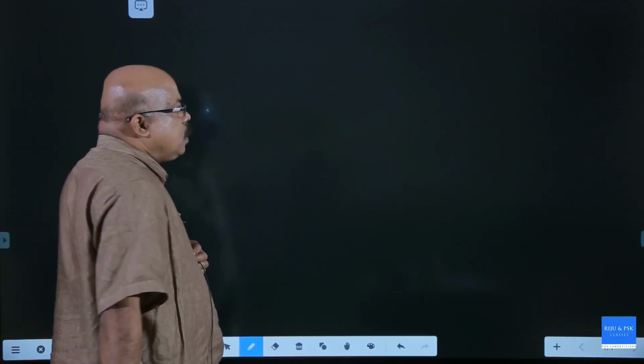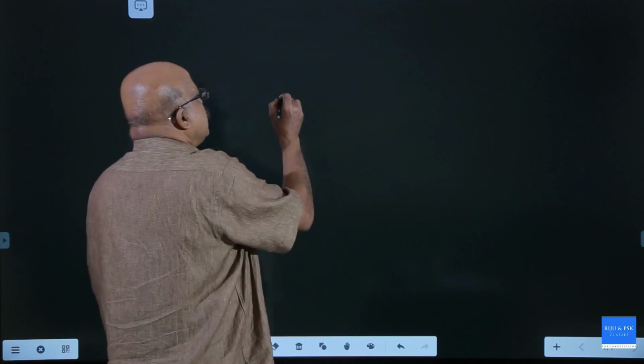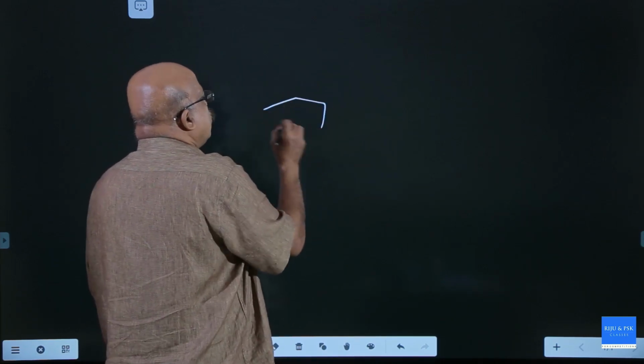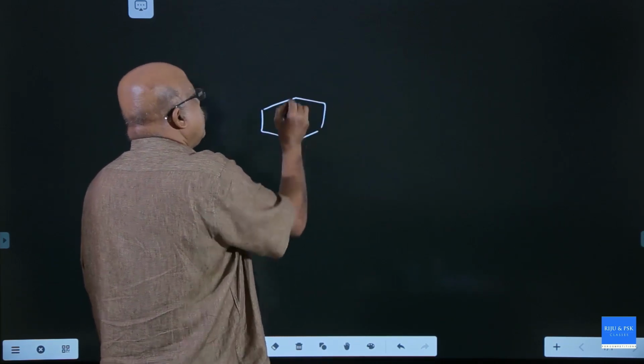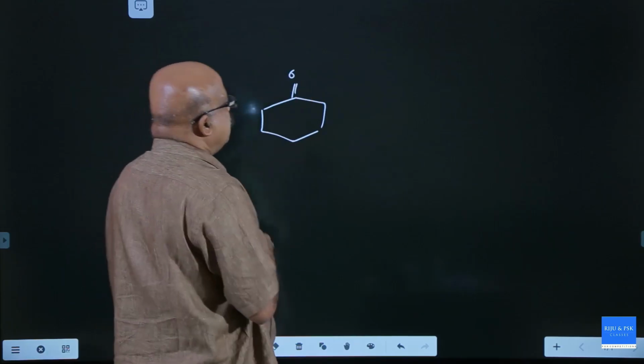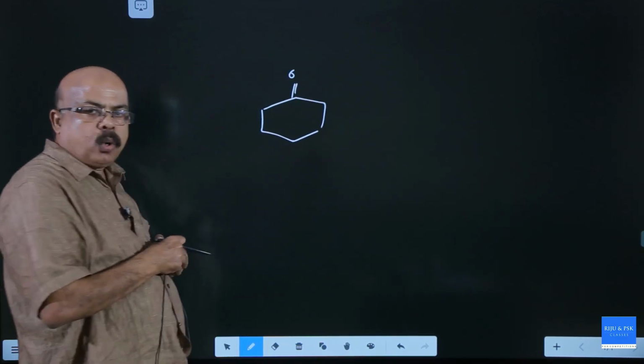Next, if the CO group is connected to a ring, and this is your structure, it is cyclohexanone.